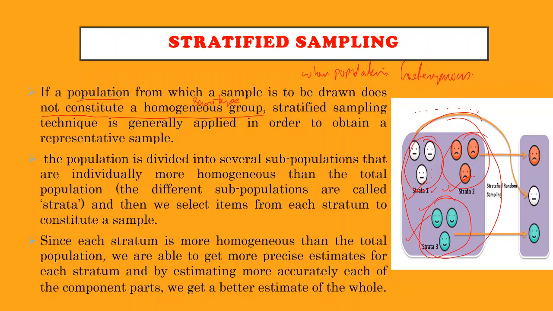For that you will divide the population into different strata or subpopulations, and items within a stratum are homogeneous, or of the same type, or possess the same characteristics or are similar to each other. That is what is there in stratified sampling.